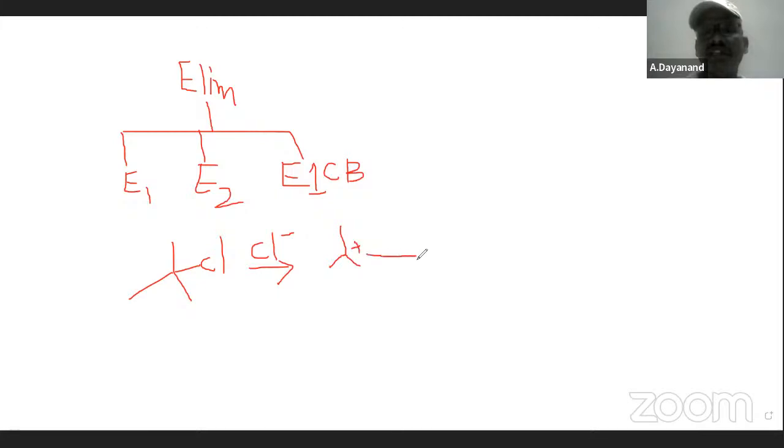In the next step, if it is attacked by OH, OH is formed, or else if it loses one of the hydrogens, H plus is lost, and it is going to form an alkene. A double bond is formed like this. 2-methyl propene is formed, with minus HCl. It is nothing but an elimination reaction.